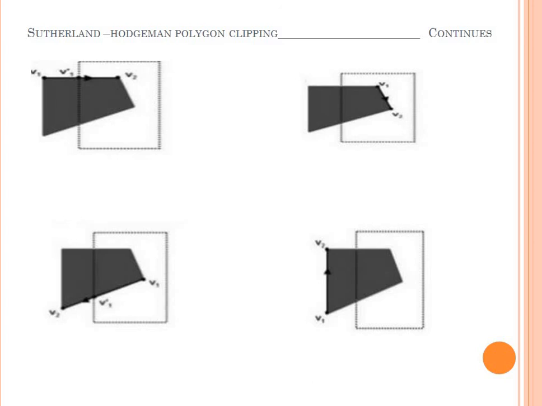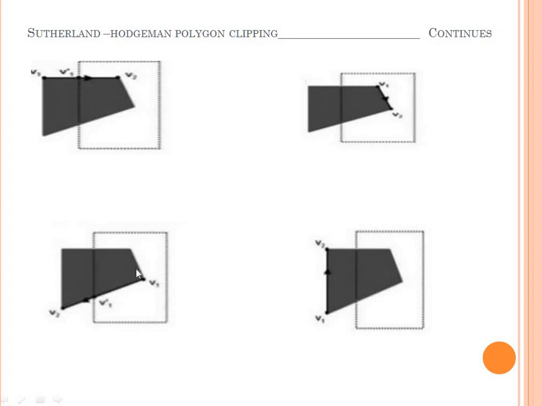So here are the four cases. In the first case, the vertices move from outside to inside; we save the intersection point and also V2. In the second case, both vertices are inside the clipping window; we only save the last vertex, that is V2.